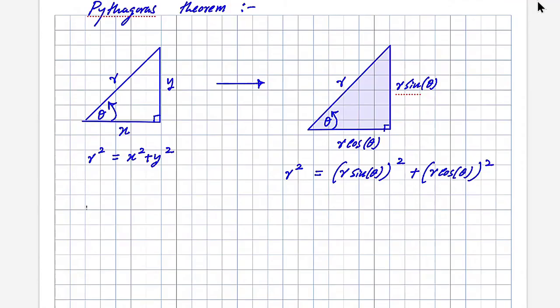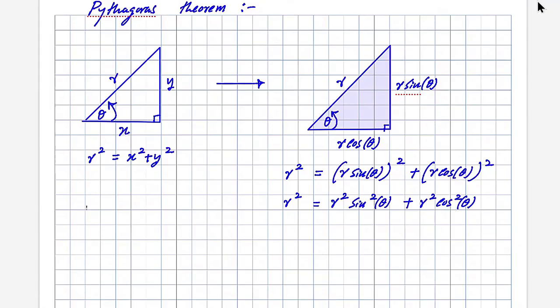Now we'll simplify this a little bit. So r squared sine squared theta, that's the simplification of the first term, plus r squared cos squared theta, that's the simplification of the second term, is equal to r squared. Now in this case, what is theta, guys? Theta is the angle, right?